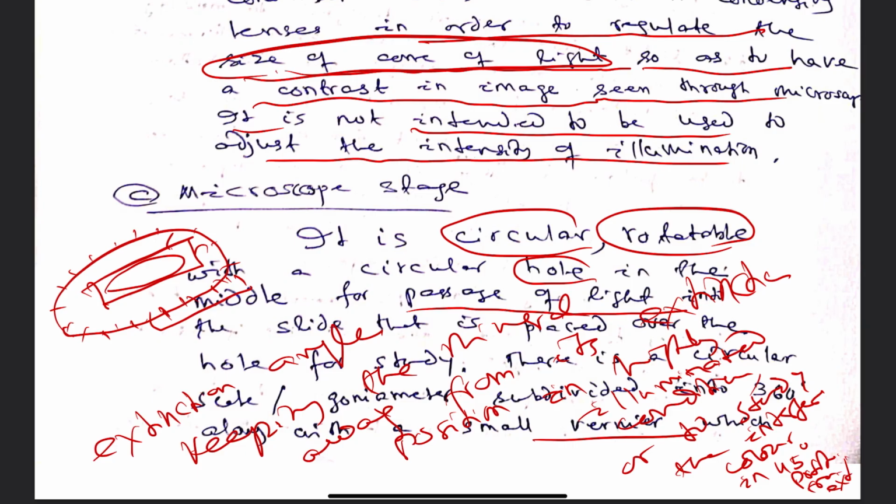So the stage has that facility to be rotated, and by this process it is possible to find out the extinction angle of minerals, vibration direction of the minerals, and the 45 degree position from the extinction position. For that we use this circular scale, also this small vernier scale.